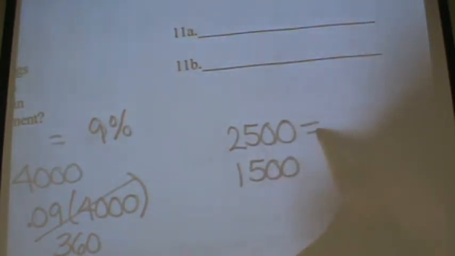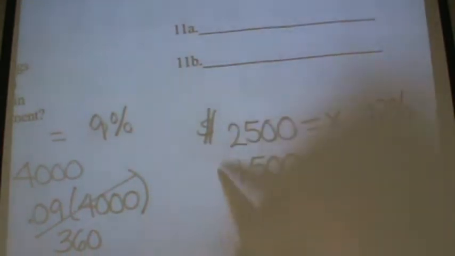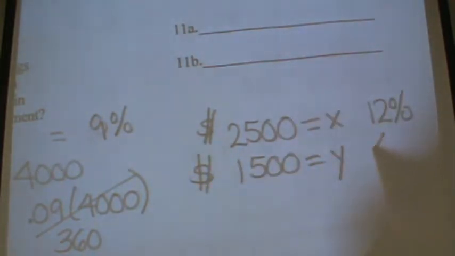It's up to you, but the 2 answers that you should get are $2,500 and $1,500. 2,500 is your x value, and x is your 12% account. And 1,500 is your y value, and that's your 4% account.